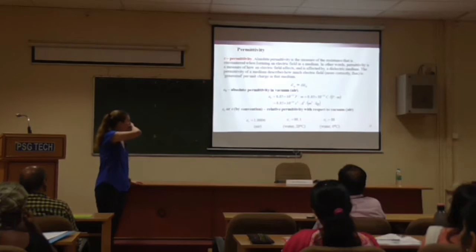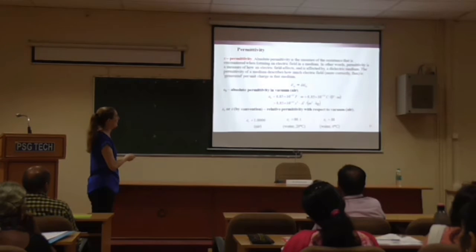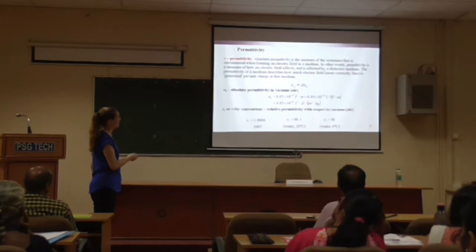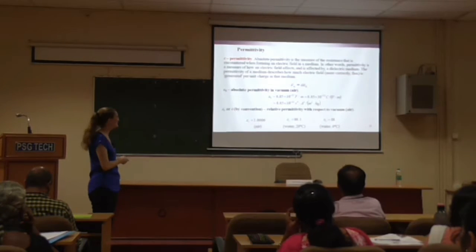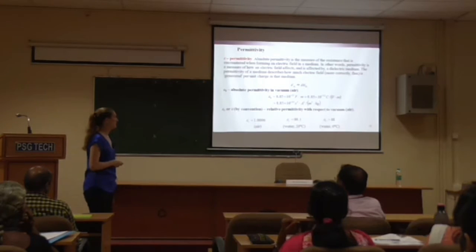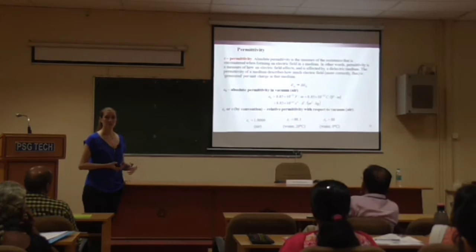where you have a number for epsilon naught in air, and then in water you have to add a relative permittivity term to adjust. One thing to note is that this number does change with temperature.